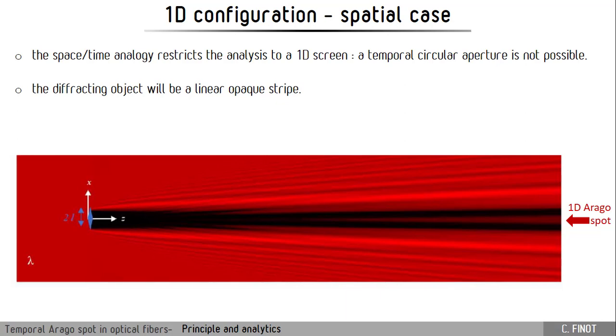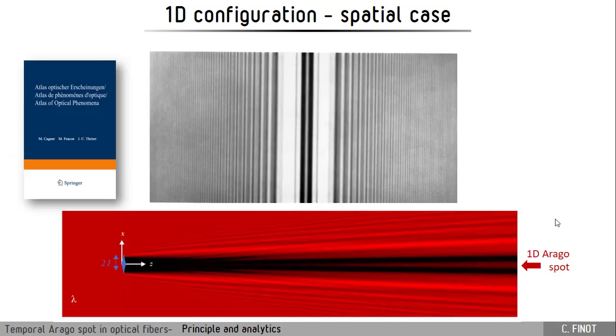So here we have the stripe, and what we see is that we have a growth at the center of the shadow of a bright spot that is quite similar to the Arago spot. Here, this is restricted to the 1D case. That means that it will not be as intense as the spot we observed with a circular opaque screen. So here is a nice photograph of such a spot.